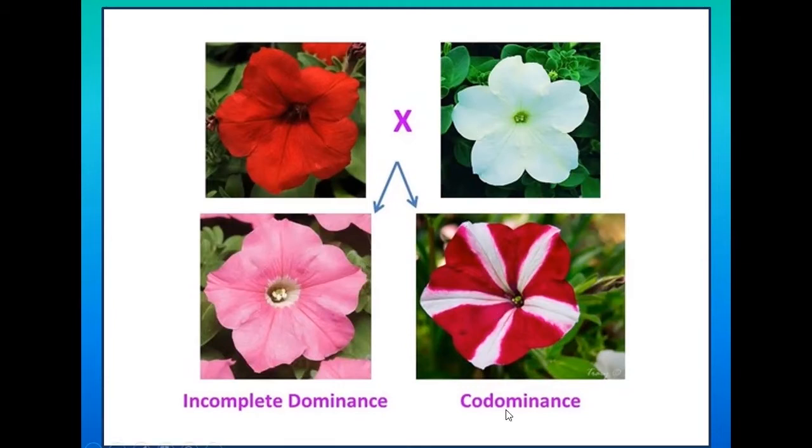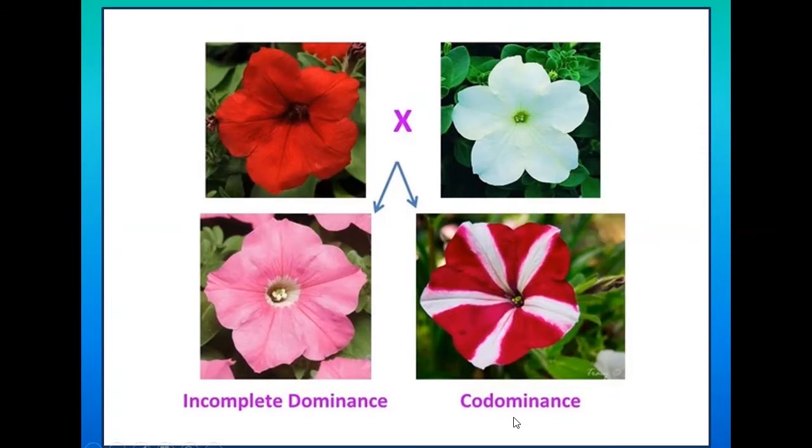Now, for codominance, this pattern of inheritance is not a combination or blending of parental alleles in terms of color, because you would notice here from the picture I'm pointing out using my cursor, both parental alleles are observable, the red and the white. So no mixture of traits is happening here for codominance.